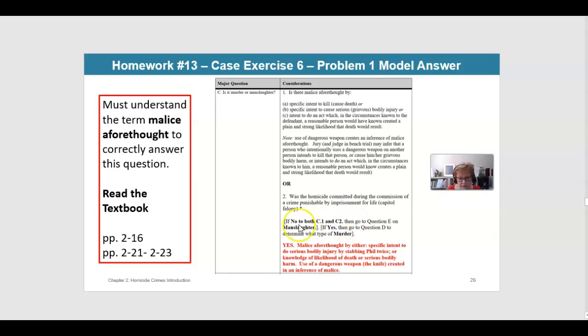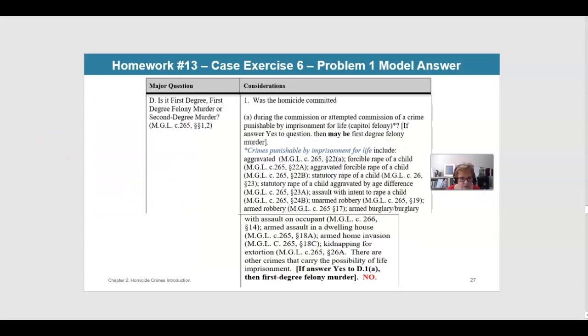The next question is, as the answers tell us, we move to the next screen, which is, having determined that there is a criminal homicide and that there is malice aforethought, we now have to determine, is there first-degree murder, first-degree felony murder, or second-degree murder? So for it to be first-degree felony murder, the homicide, Phil's death, would have had to occur during the commission of another crime which is punishable under state law by life imprisonment. That's called a capital felony.